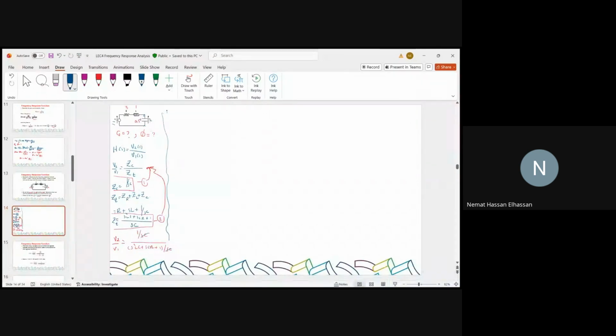So V2 over V1 is equal to 1 divided by S squared LC plus SCR plus 1. Last week we learned about standard form, so just to standardize it, I'm going to divide and multiply by LC.